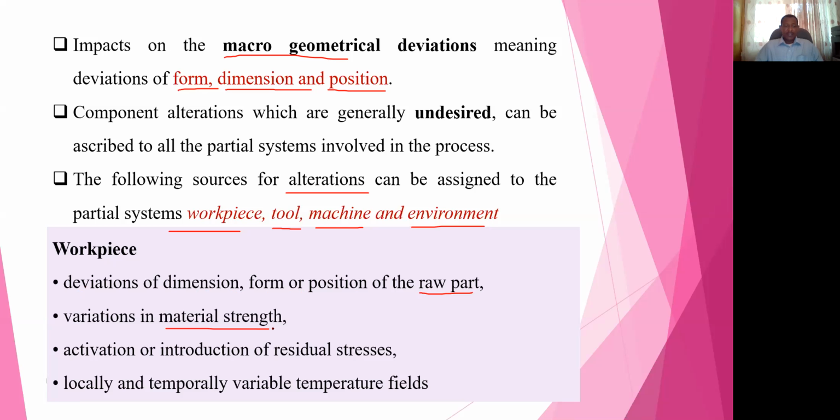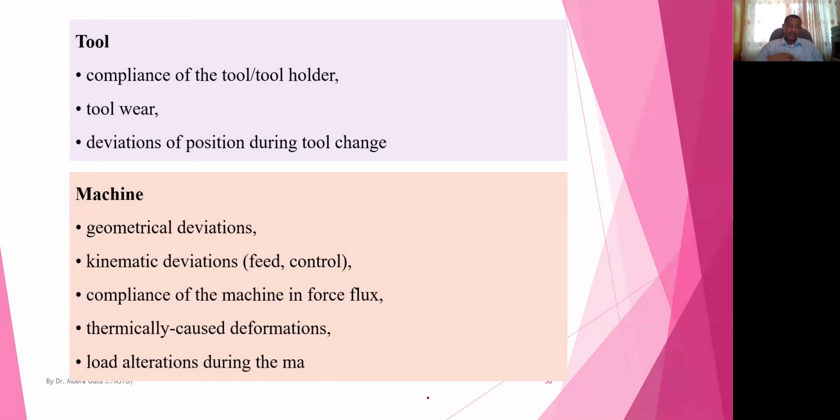The variation in material strength, the strength level of your material, the activation or introduction of residual stresses in the raw material which you bring to hard machining, whether it has more residual stress or less residual stress, will affect what? The dimensional accuracy, the form accuracy of the machined surface. Locally and temporally variable temperature fields, where you are machining hard material, the temperature situation.